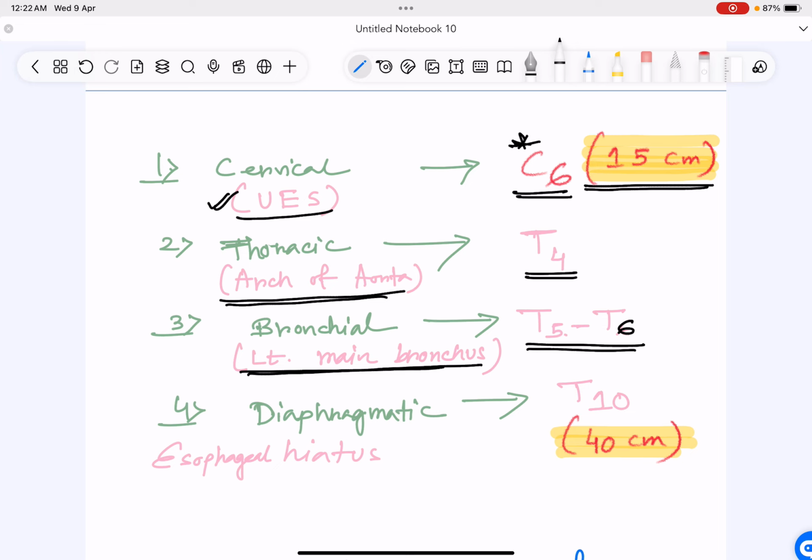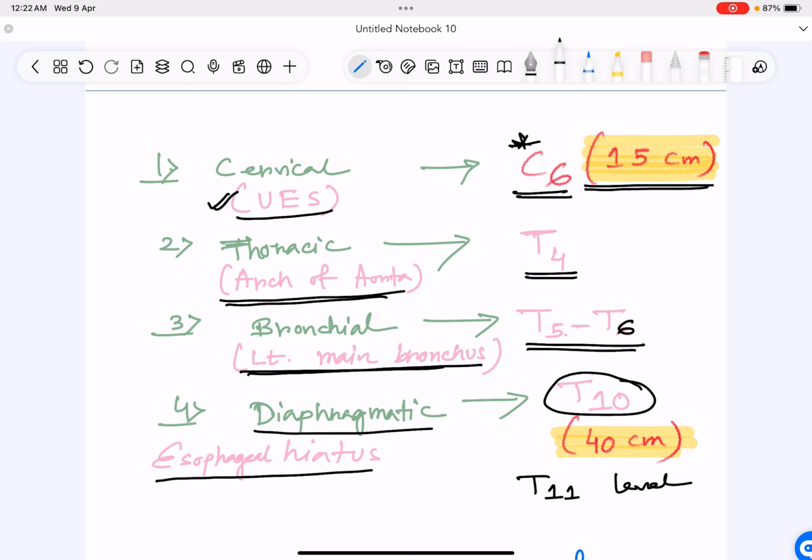Then the esophageal hiatus, the diaphragmatic hiatus, is at the T10 level, and the end of the esophagus is at the T11 level. So the opening is at T10, the end at T11 level.